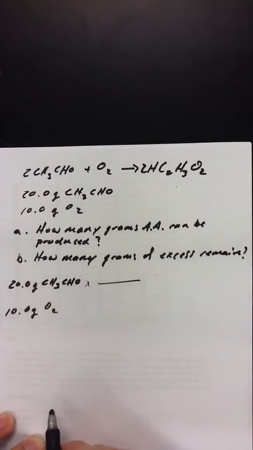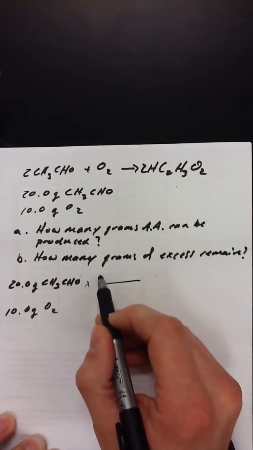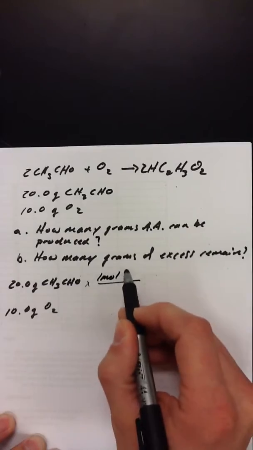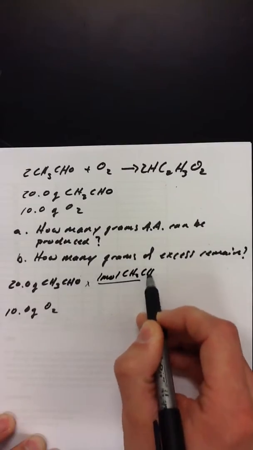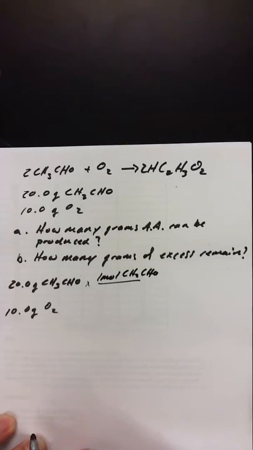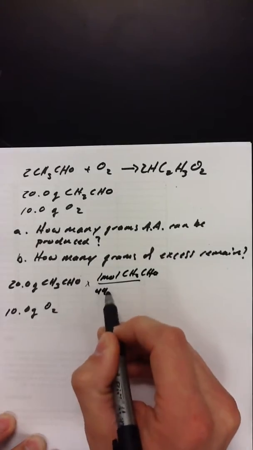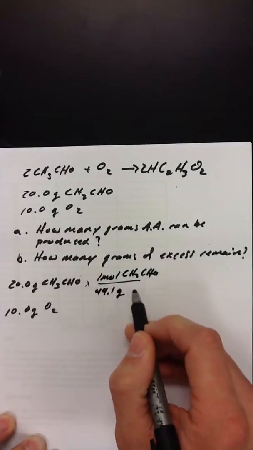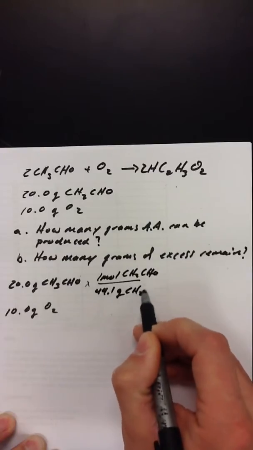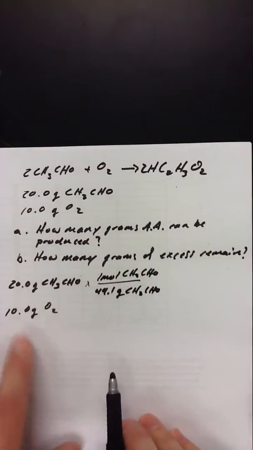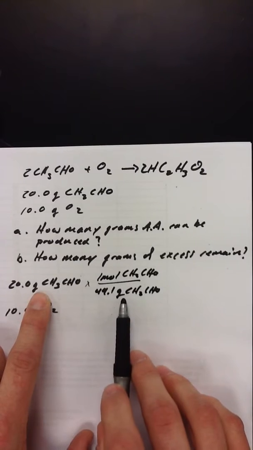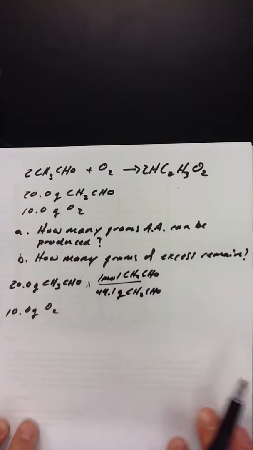Again, we need the molar mass. So 1 mole of CH3CHO weighs, approximately, 44.1 grams. We've seen before that we've got something in the numerator and something in the denominator. Those will cancel, and we'll be left with just moles.